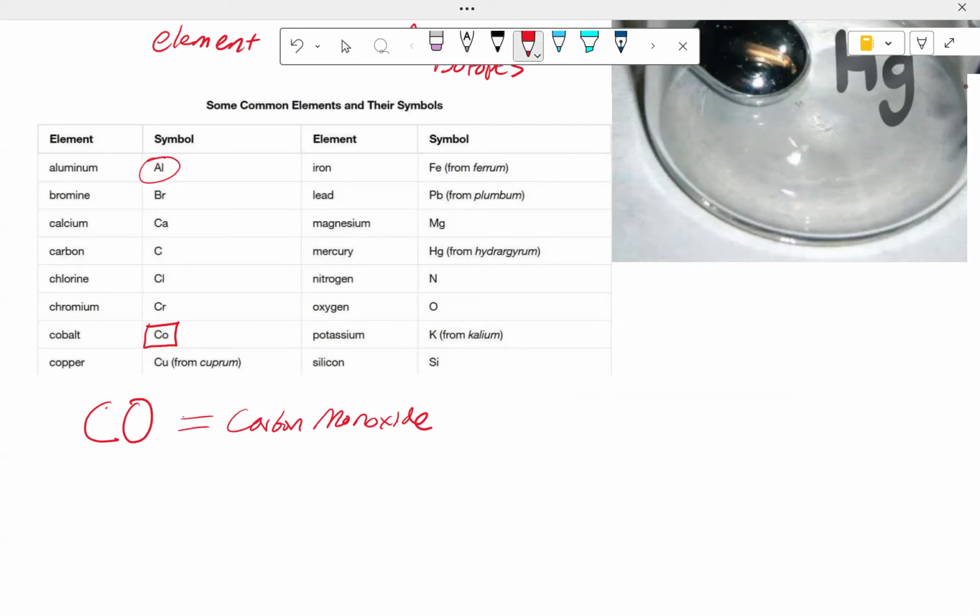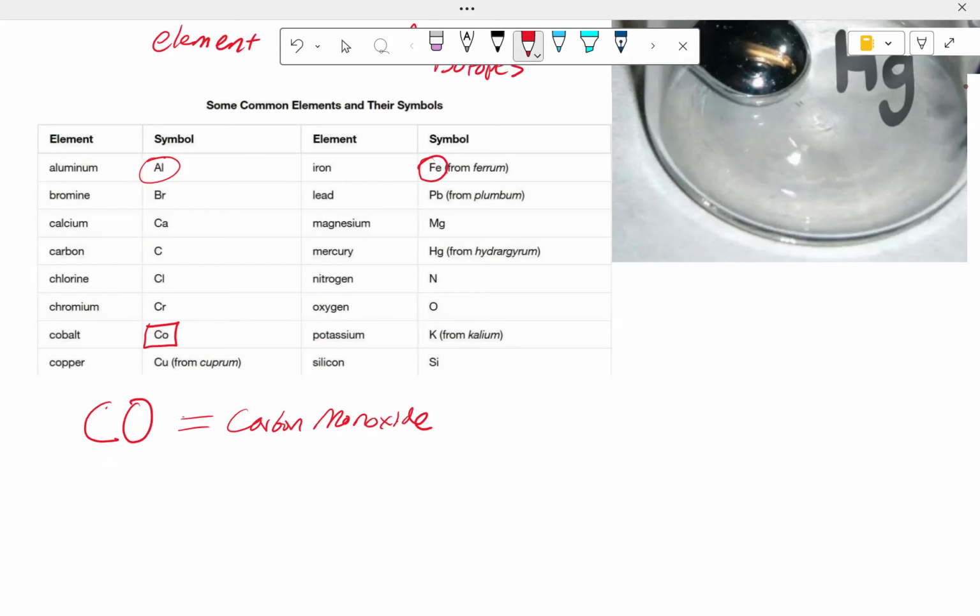Now, as far as how the elements are named, generally it's accepted in the scientific field that if you discover an element, you get to name it. Some of the names match up, like aluminum. Al, the symbol for aluminum, is the first two letters, or Br, the first two letters of bromine. Some of them don't make any sense at face value. Like the symbol for iron is Fe.